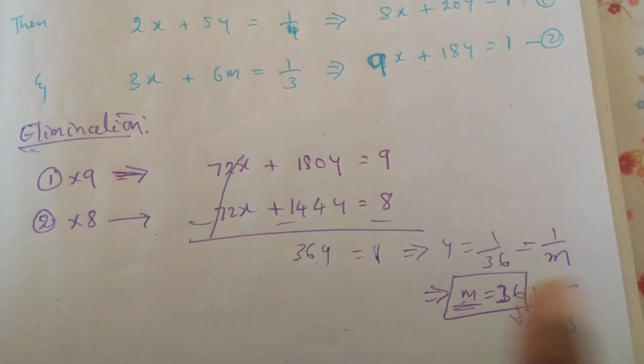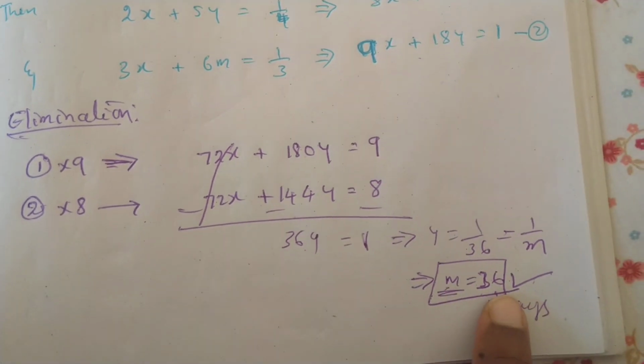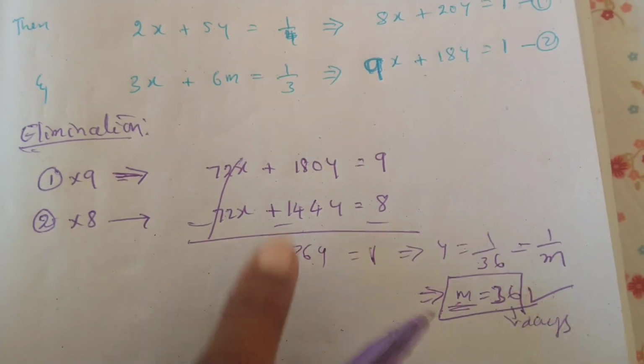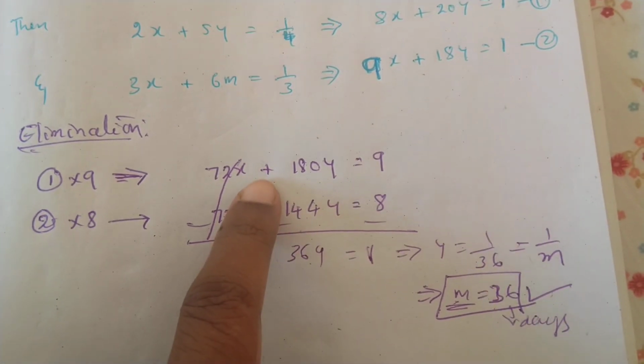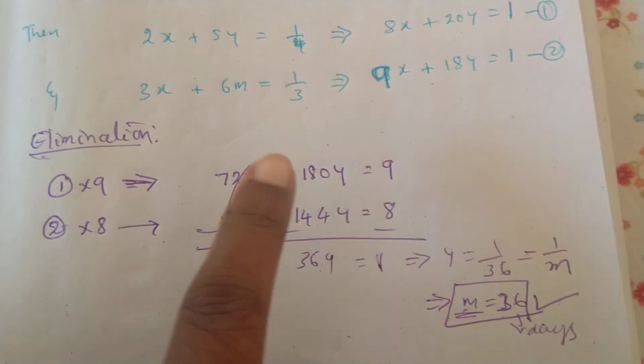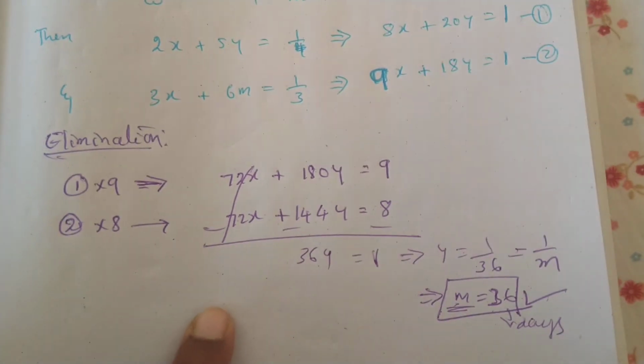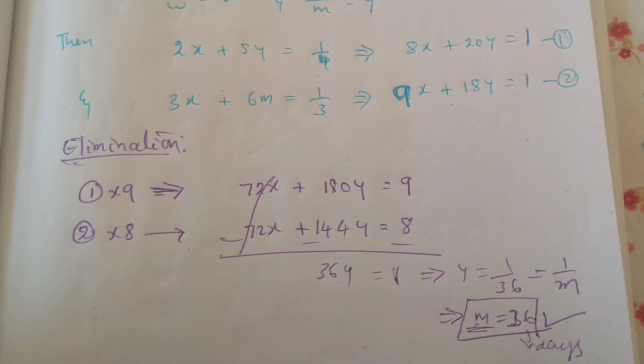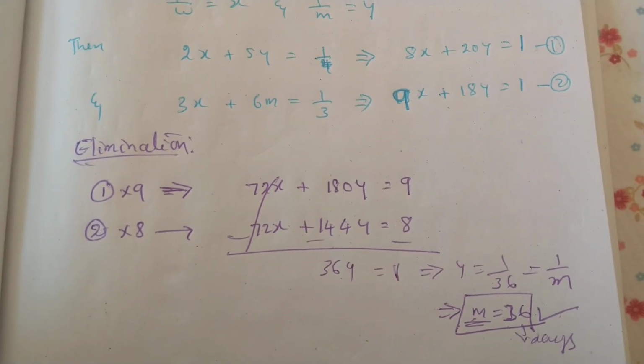Therefore, if only a single man has to do the work, it will be done in 36 days. And for a woman, you have to substitute the Y value in the equation, find X, and from there you can find out the number of days a woman alone takes.